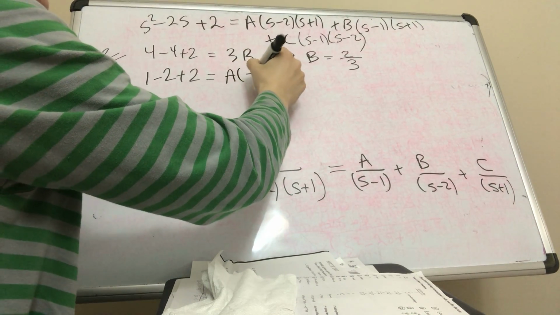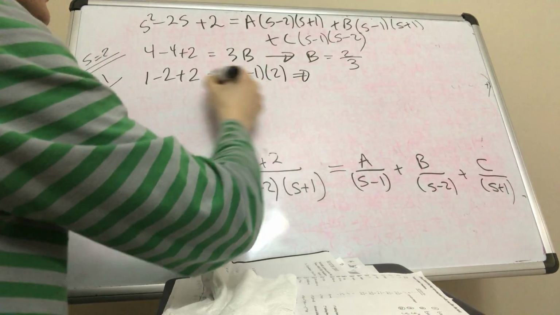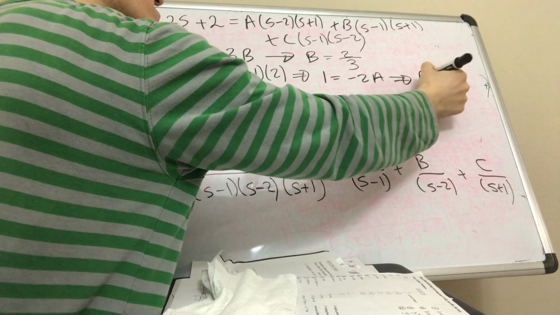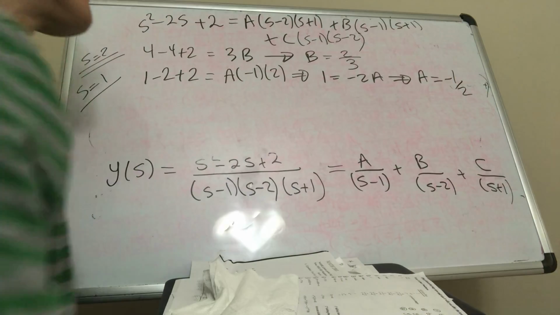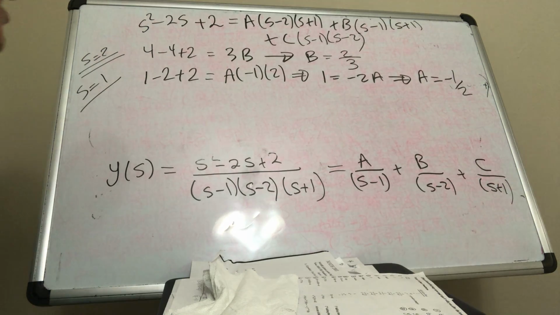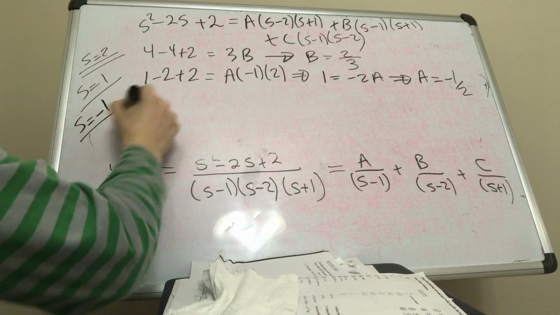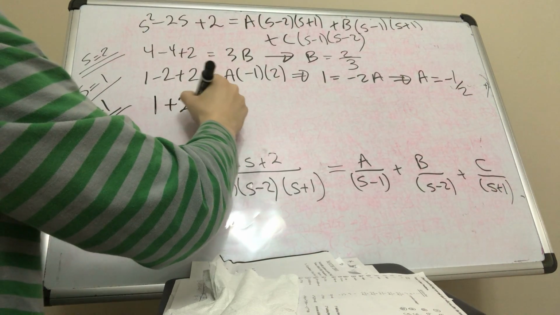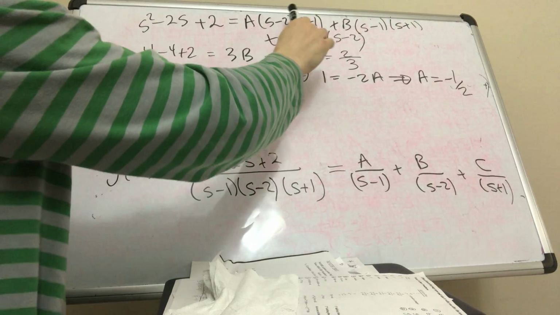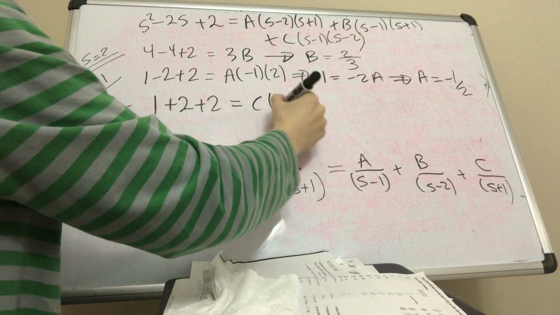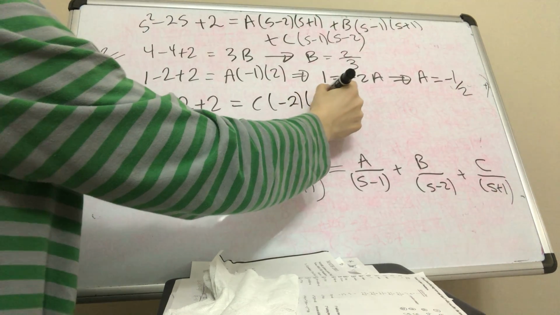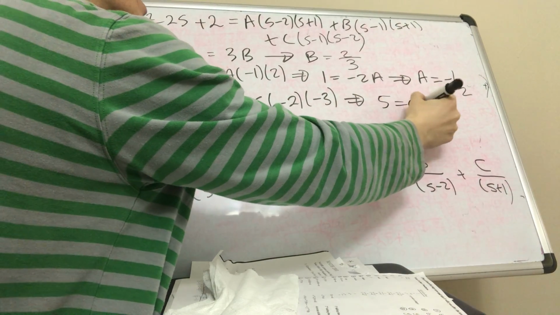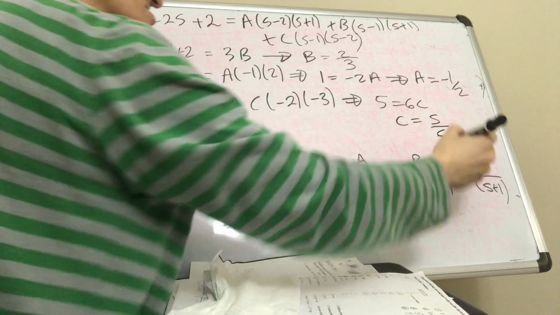Here, I have minus 1 times 2. That's like 1 equals minus 2A. A is minus half. We try another number. Try minus 1. Minus 1 squared is 1 plus 2 plus 2. Negative 1 cancels these 2, and here we have minus 2 times minus 3. This is 5 equals 6C, C equals 5 over 6.